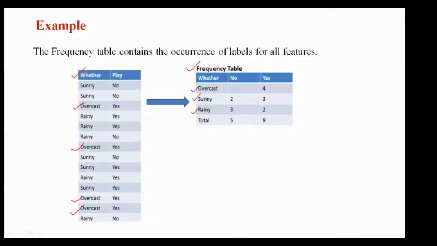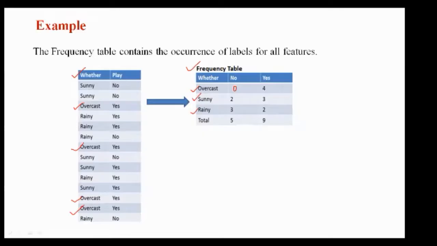So in the frequency table, we can write no is 0, there is no condition for overcast with no. It means that just by observing this data, if the weather is overcast, then you can play a sport. But we have to use the Bayes theorem to classify this. So no is 0, yes is 4.